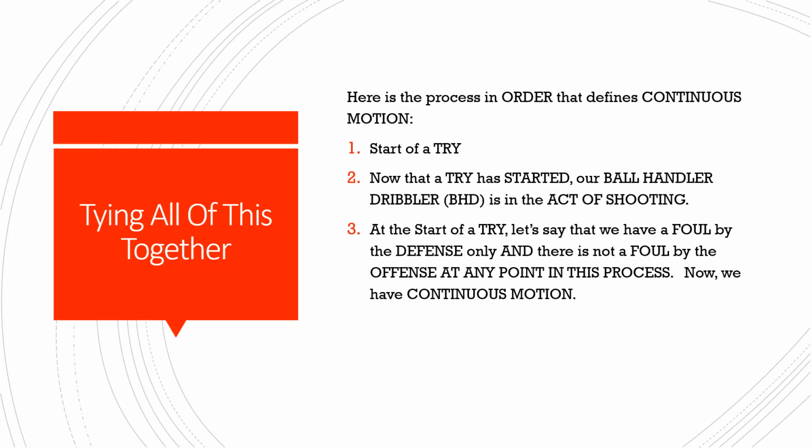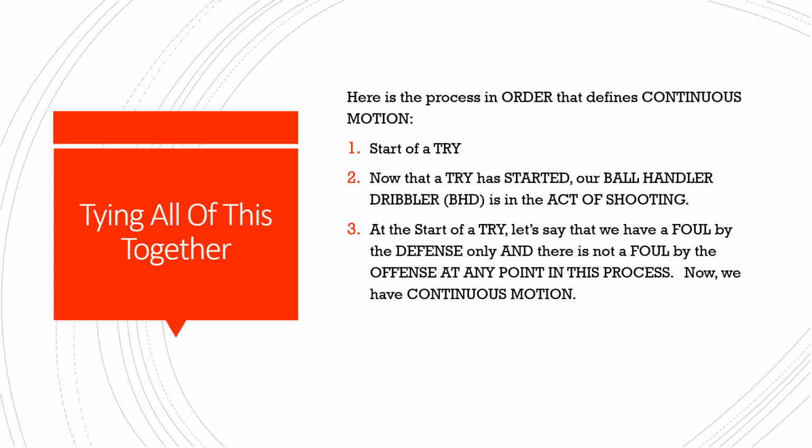If you want to think of it very simply, think of it like this. Our ball handler dribbler has ended their dribble. They begin, let's say, arm movement, stepping, pivoting, Euro step, if you will, that precedes a shot attempt or a try. They are fouled during this process by the defense.